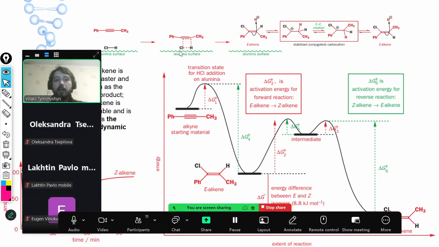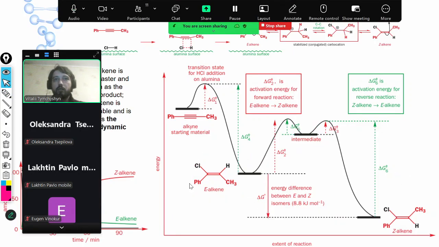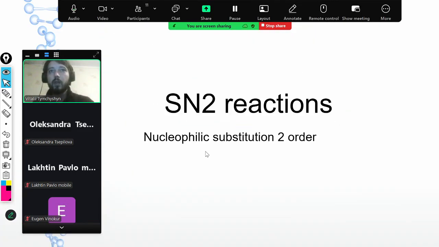So the mechanism always creates only E-alkene, but then in the solution you can have this intermediate formed, and from this intermediate you can go right, you can go left, and basically you end up with the thermodynamic product, not the kinetic product.